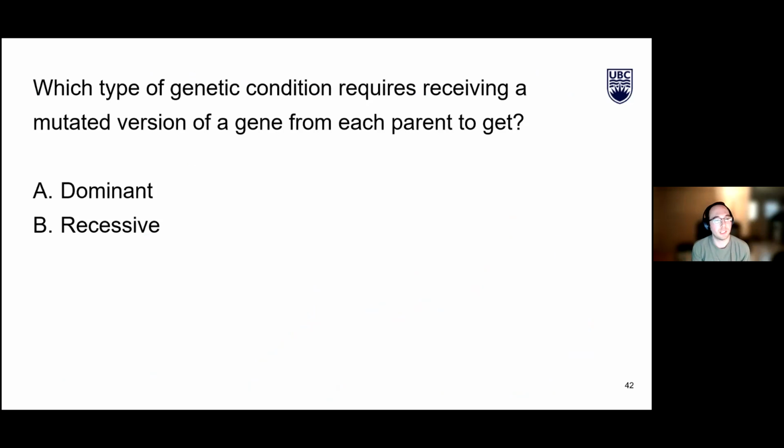Which type of genetic condition requires receiving a mutated version of a gene from each parent, or from both parents, to get it? I'll just give another moment here for people to participate.